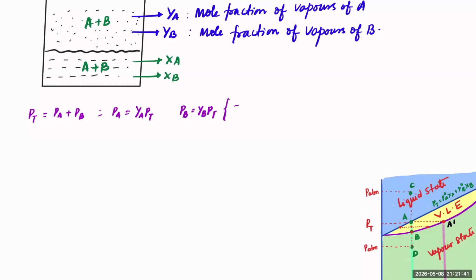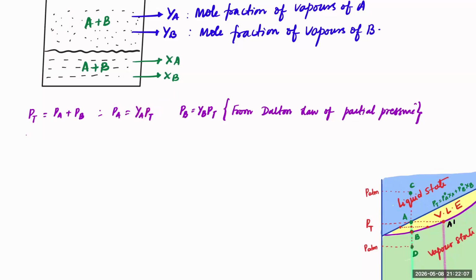Where did we learn this from? From Dalton's law. From Dalton's law of partial pressures. We learned this in gaseous state that when you have a mixture of two gases, the total pressure will always be equal to the sum of those two, and partial pressure can be represented as mole fraction into total pressure.